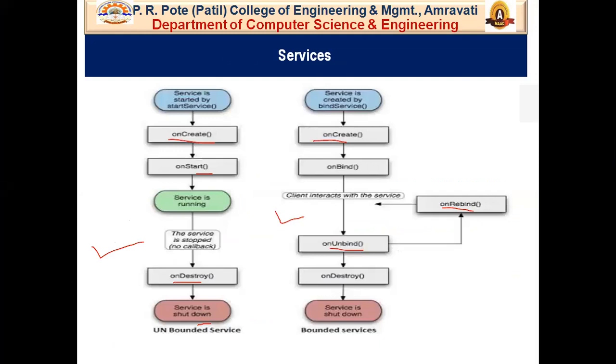This is called when a component like an activity requests that the service be started, and it is started by the start service method. So this is all about the two life cycles of the Android service.